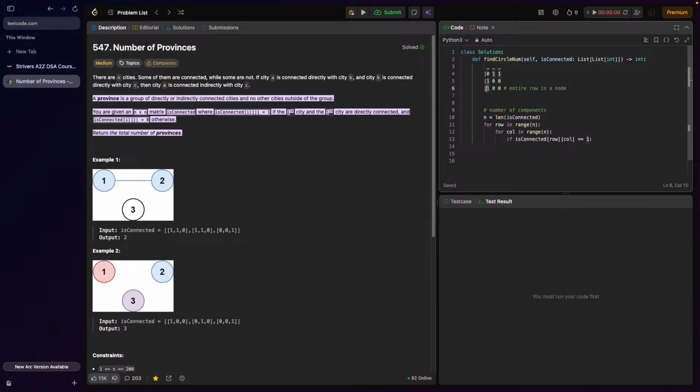Actually, I'll see. I got this, and then I'll see the entire row first. What if there was another one and I was connected to 4, right? What if there was another node after all?